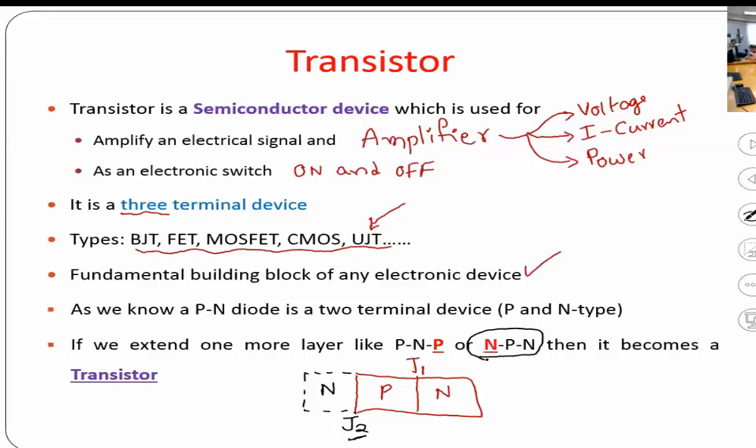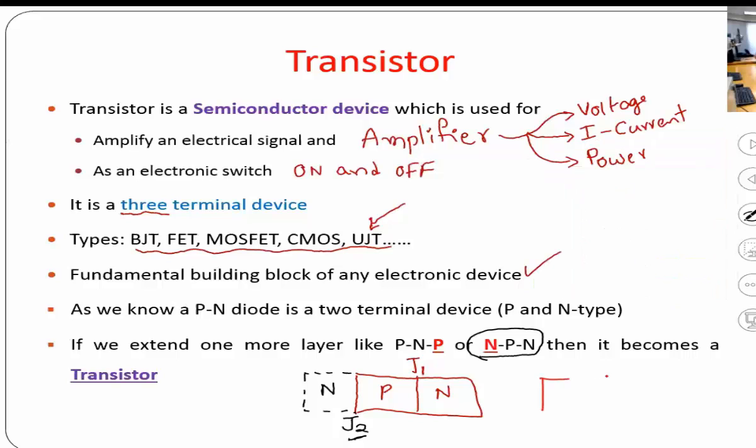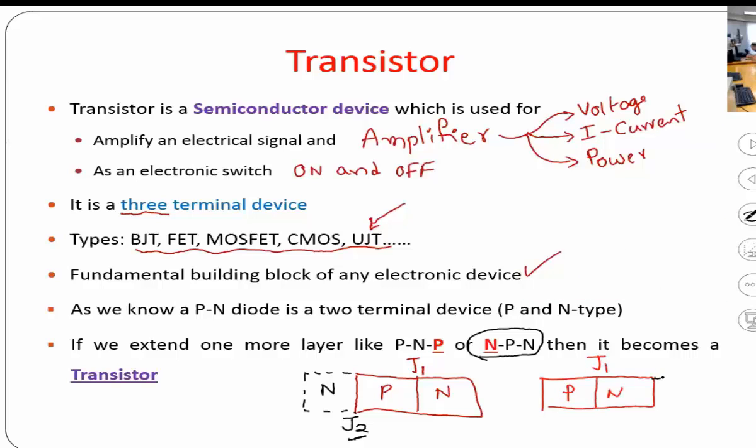If you take the same diode, for example, same PN junction, where you have a single junction, but this time, if you extend one more layer onto the right side of the N-type and dope with P-type semiconductor, then you will form another junction too. The type of transistor you will be forming is called PNP.